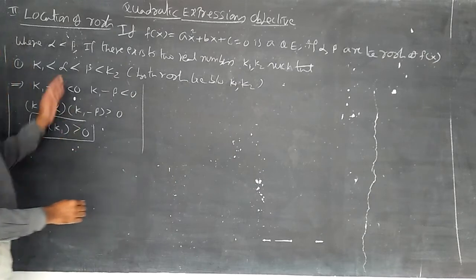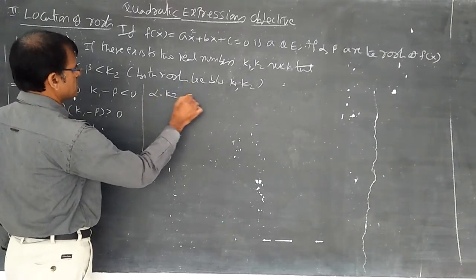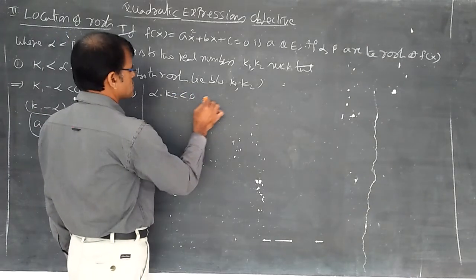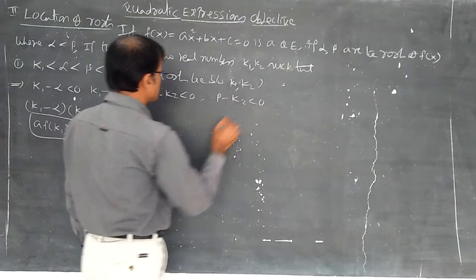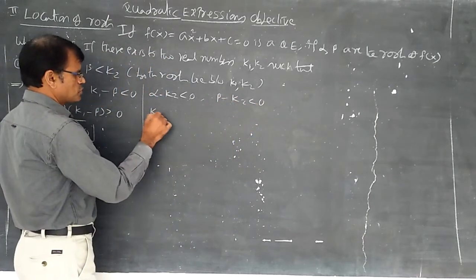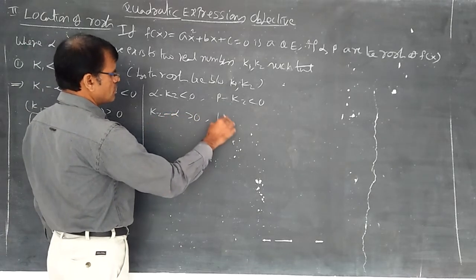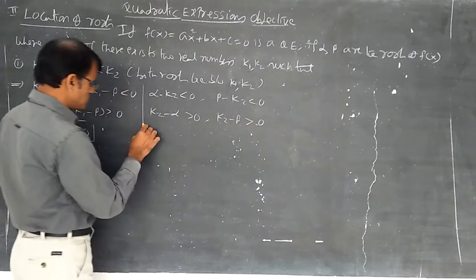Next, for k2, alpha minus k2 less than 0 and beta minus k2 is also less than 0. So k2 minus alpha greater than 0 and k2 minus beta also greater than 0.